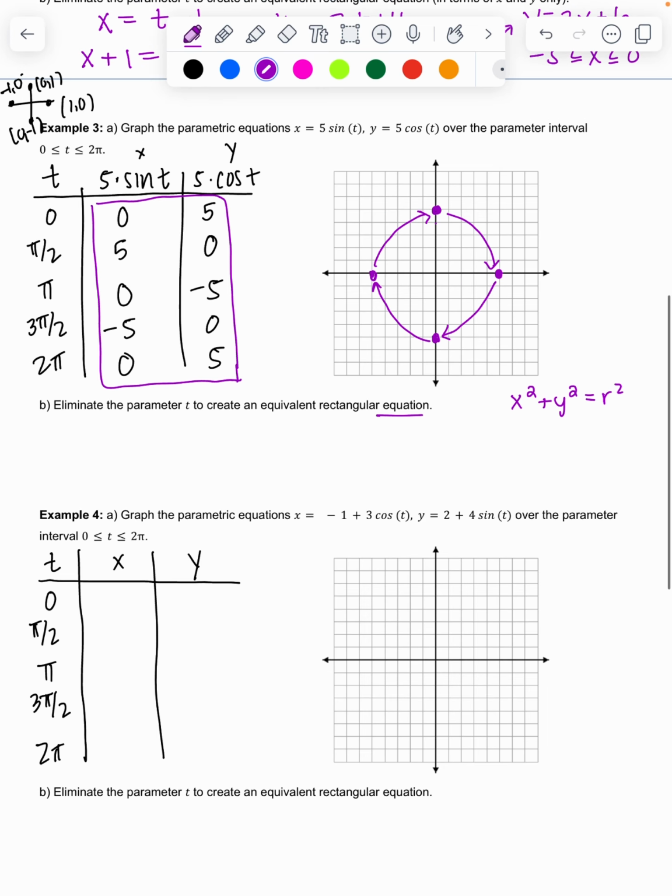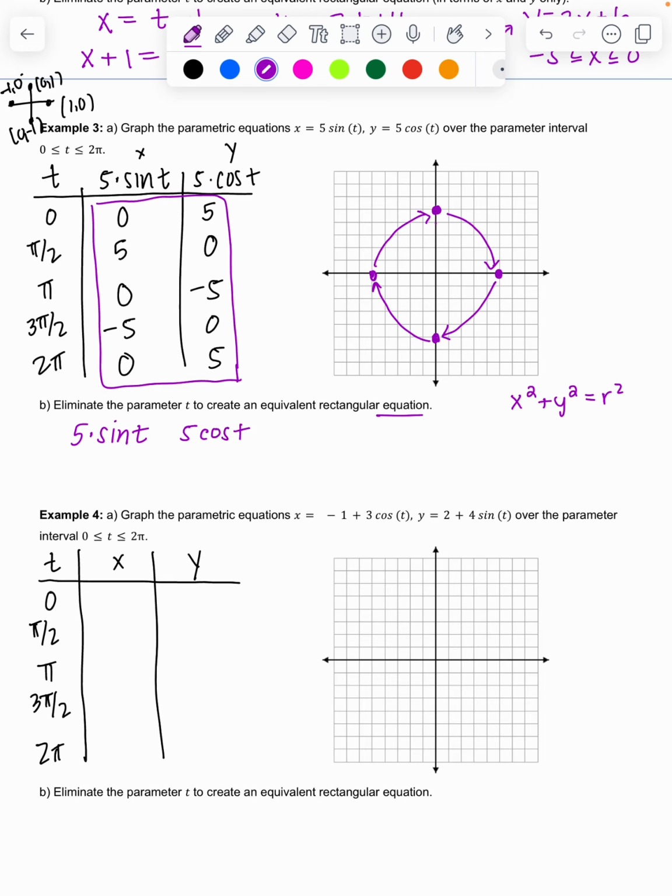So I know that my x is 5 times sine t. I don't like the way I wrote that. I'm going to rewrite that. And y is 5 times cosine of t. Okay.